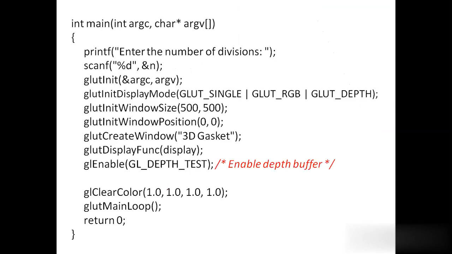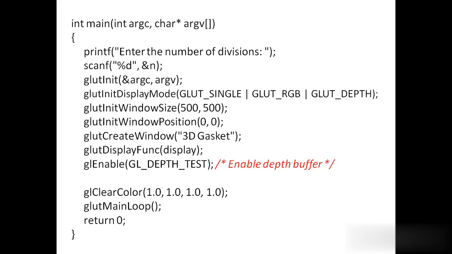Now what I'm going to do here, you have to understand, I'm using a tetrahedron which has 4 vertices, and we are mentioning its values on the x, y, z axes. Now this is the implementation, the further portion right from the main. I'm asking to enter the number of divisions, and it is held by the variable n.